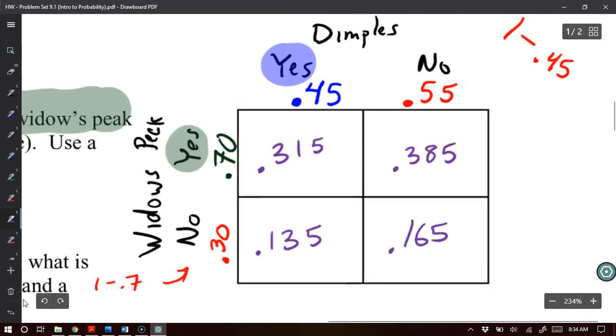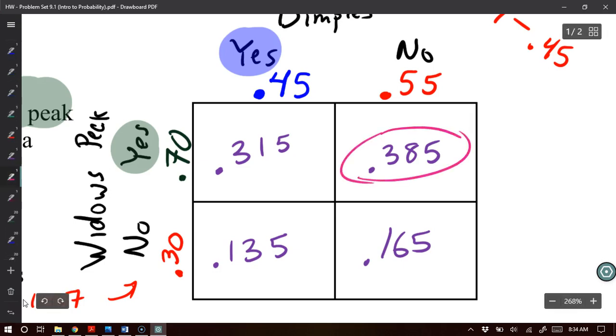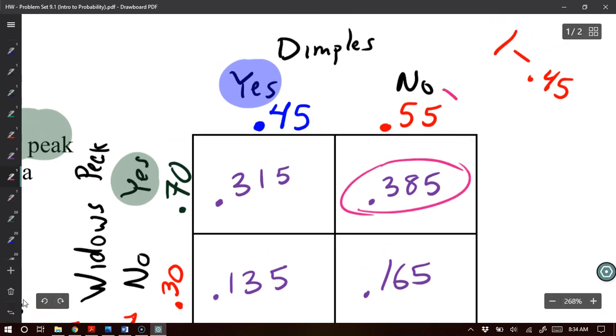Now, what does this represent? This represents the idea of the intersection. Let's circle this one and look at this 0.385. What does that represent? Well, that represents somebody who has no dimples, but does have a widow's peak.